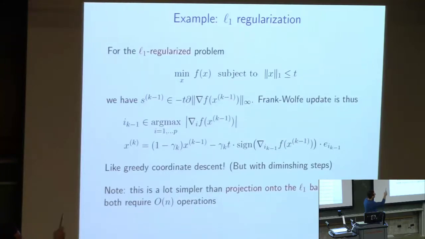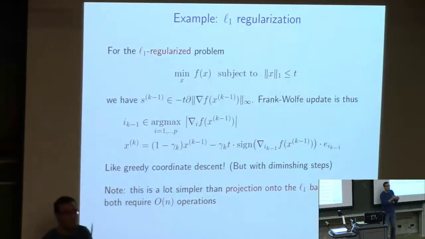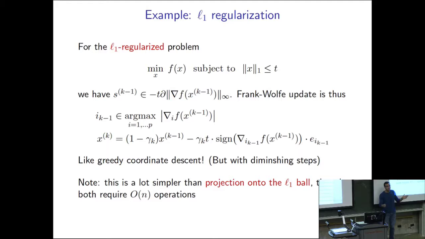Right? So if the ith component achieves the max, then a subgradient is e_i, the standard basis vector with a 1 in the ith component and zeros everywhere else. So Frank-Wolfe repeats the following updates. Sorry, this keeps going blue on me.